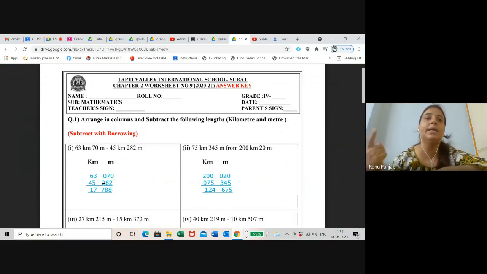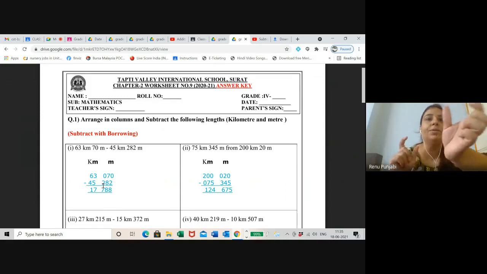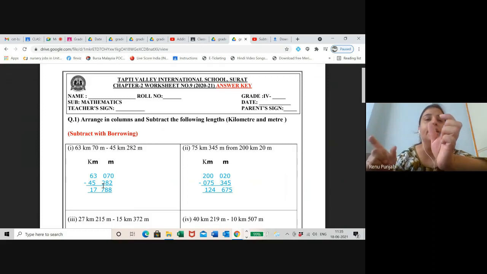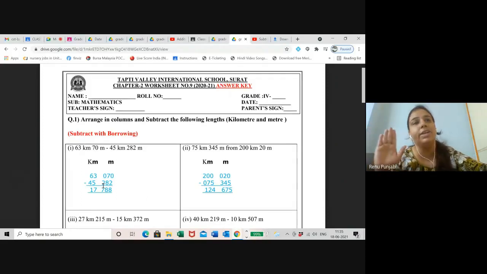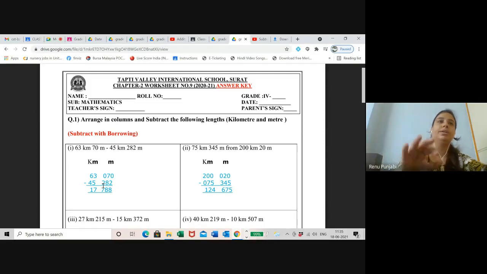You cannot compare the greater and the lesser numbers with the meters. You do not have to compare from there. You only compare which is the greater number from kilometers only. If you have found out in kilometers whether 63 kilometers or 45 is bigger, then if you know that 63 kilometers is greater, then 70 will go in front of it in meters, because the friend of 70 meters is 63.